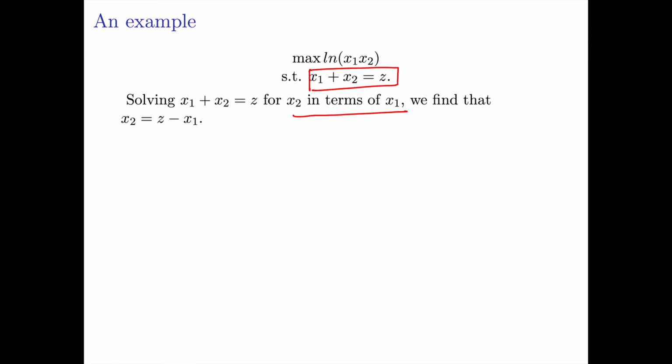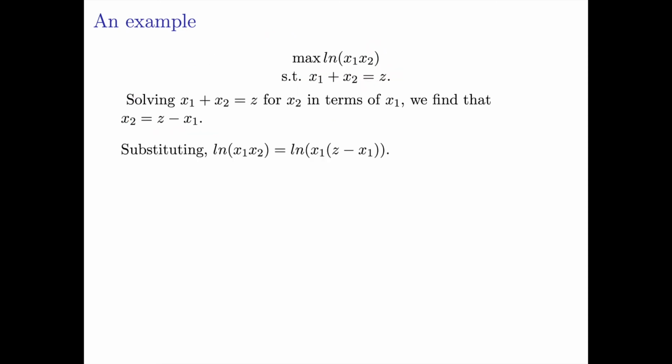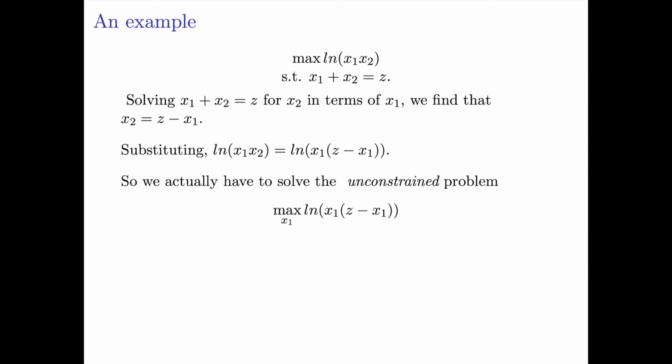So the left-hand side will just be x2, and the right-hand side will be z minus x1. We're going to substitute that back in here and get rid of the constraint. So we're left with log of x1 times (z minus x1). And so we're going to solve the unconstrained maximization problem of a single variable, where we want to find the x1 that maximizes log of x1 times (z minus x1).